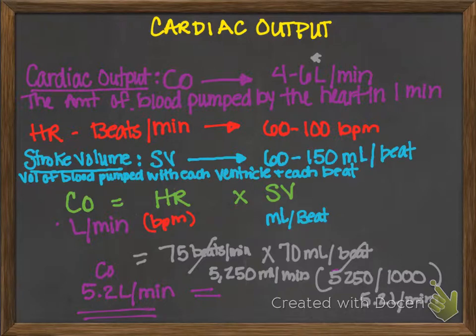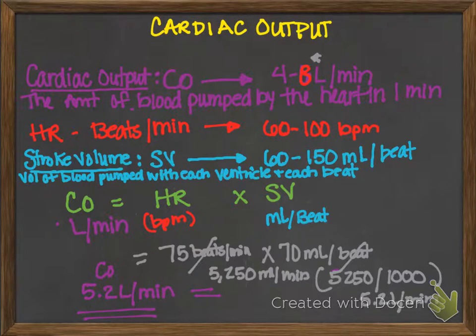So cardiac output is not 4 to 6. I mean, it is in some books, but it's 4 to 8 in your book. So your book is 4 to 8 liters per minute. And that's the amount of blood pumped by the heart in 1 minute, right? So your heart rate and your beats per minute, 60 to 100.